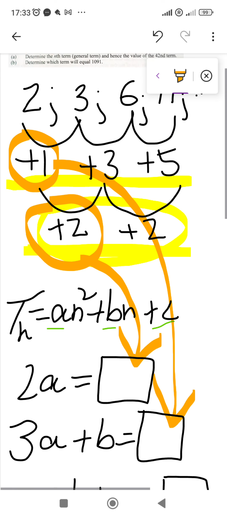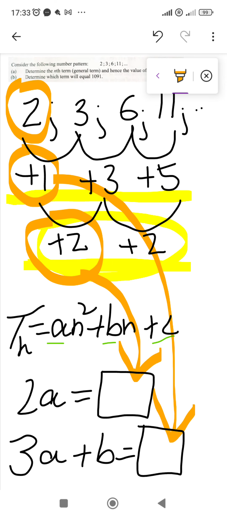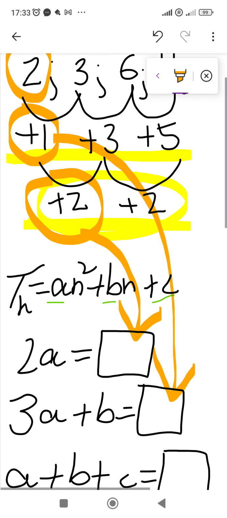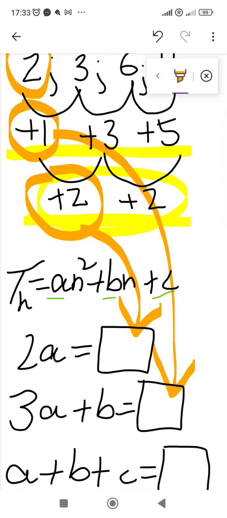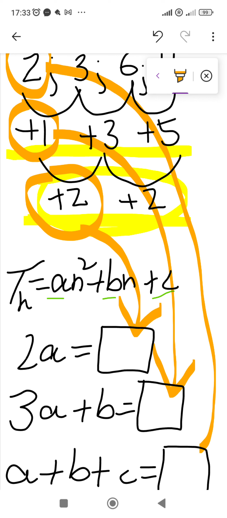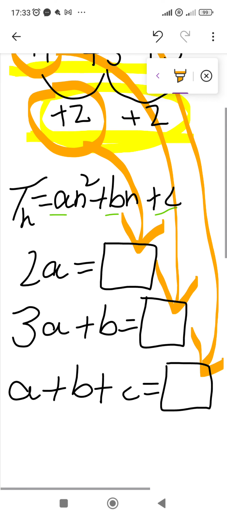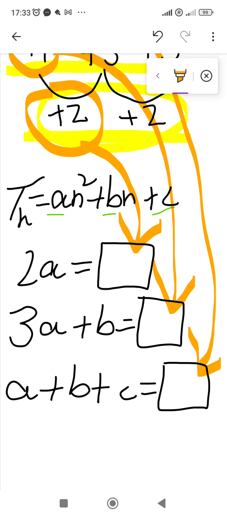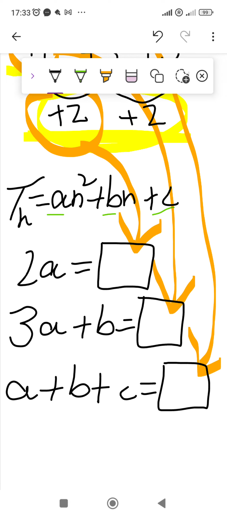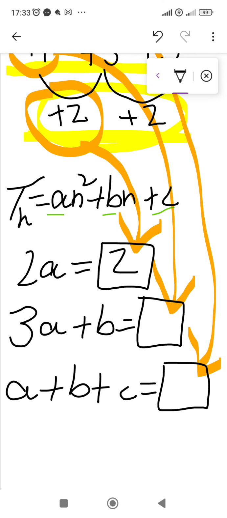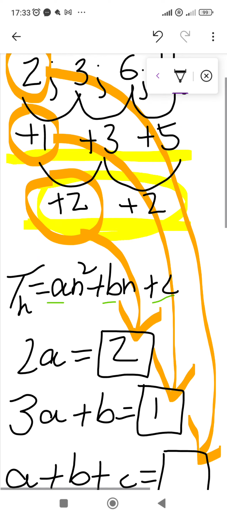And our last equation, let's try and get this 2 here. That first value of our sequence goes into our last equation over there. So make sure you know these equations and what they will equal. So let's add our values in here. 2a was equal to 2, 3a plus b was equal to 1, and a plus b plus c was also equal to 2.